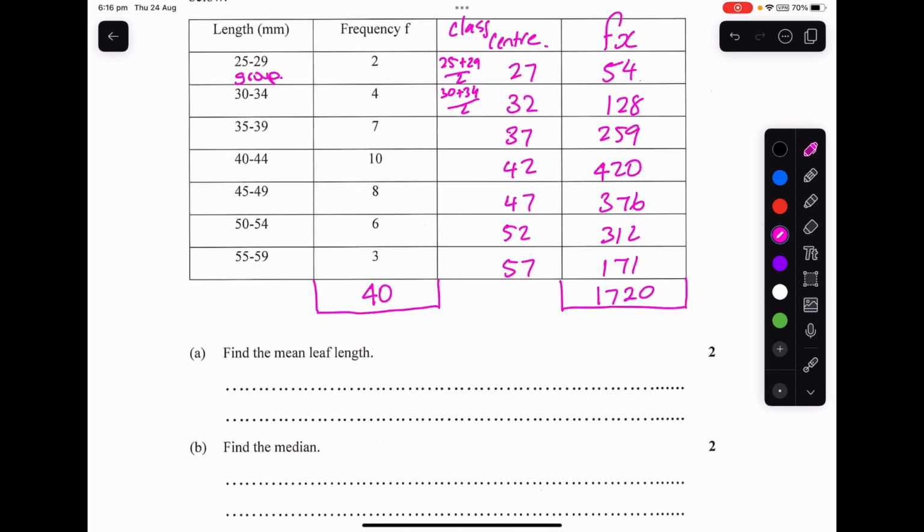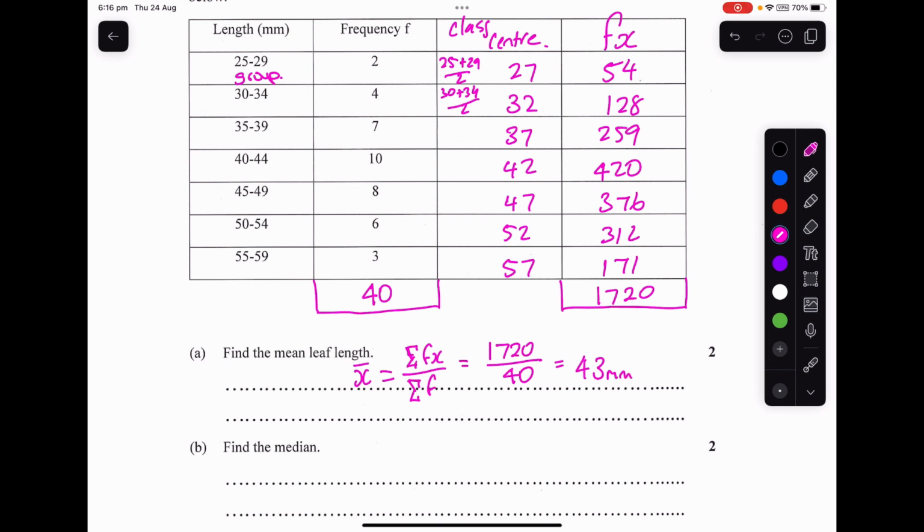So when we're finding the mean from a frequency table, we can use our sum of f times x over the sum of our frequency. So for this one, it would be 1,720 divided by the number of our scores, 40, and our answer would come out at 43 millimeters.